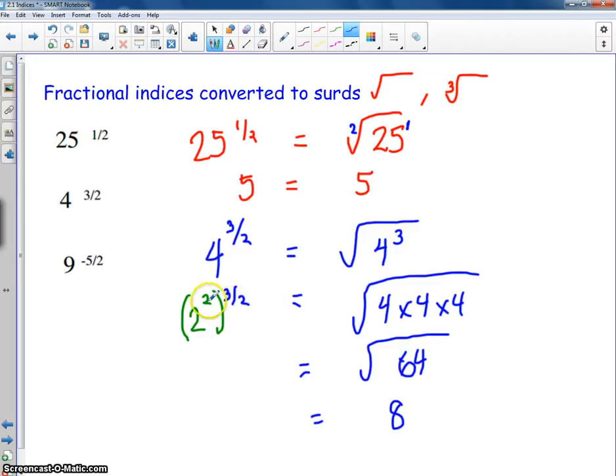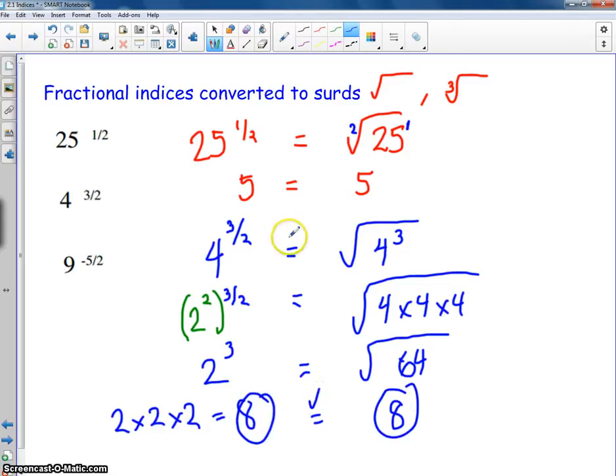These are just fractions, so 2 times 3 is 6, and 6 divided by 2 is 3. So this becomes 2 to the power of 3. And what is 2 to the power of 3? That is 2 times 2 times 2. 2 times 2 is 4, 4 times 2 is 8. That's why this is equal to that, and therefore these two are also equal.